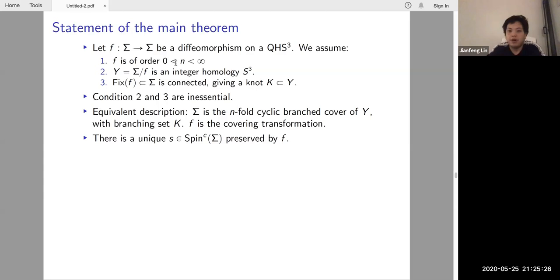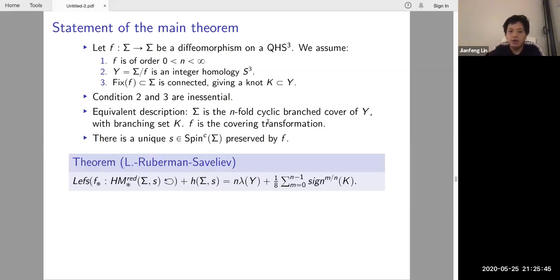Okay. And also note that because of condition 2, there is a unique spin C structure on sigma that is preserved by F. Okay. All other spin C structures will be switched by F. Therefore, they do not contribute anything to the Lefschetz number.